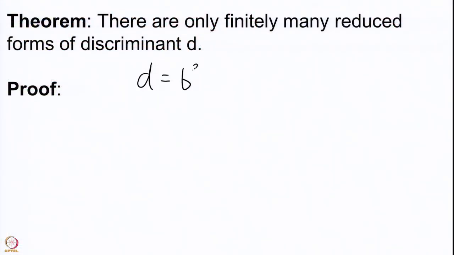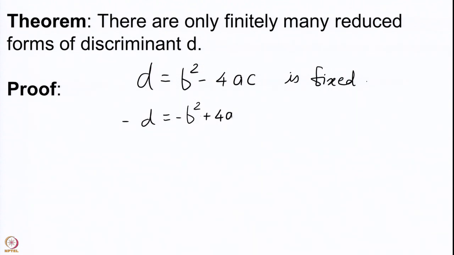So, what we have is D, which is B square minus 4AC, is fixed. Now, we write it as, so we have of course minus D, which is minus B square plus 4AC, and here if I take 3AC out, then we have minus D, which is now a positive quantity.